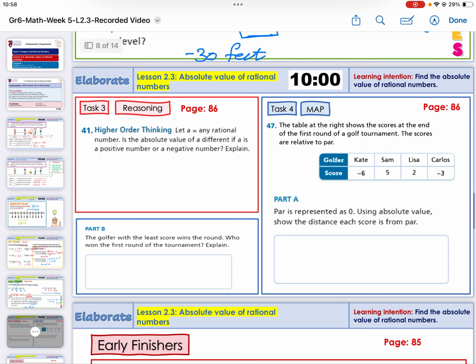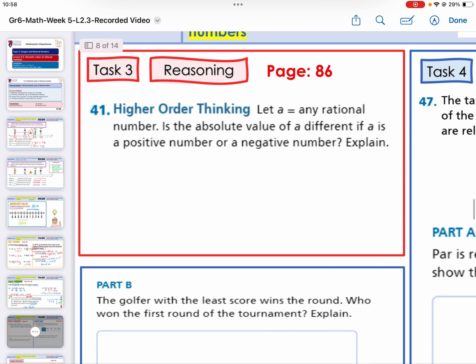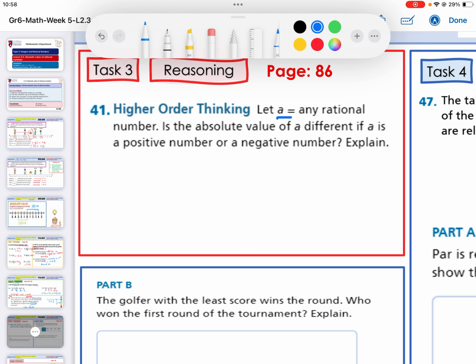Okay, let's move on to solving some more real-life applications. This is a higher order thinking question. It's telling you, let A be any rational number. Is the absolute value of A different if A is a positive or negative number?